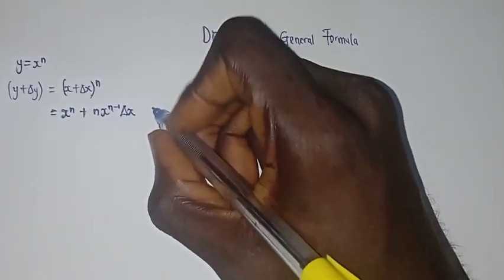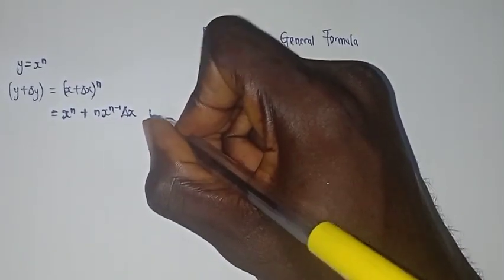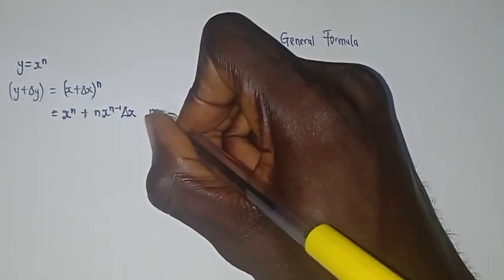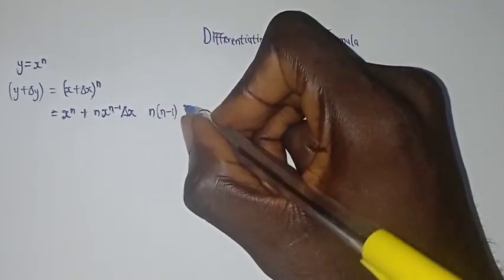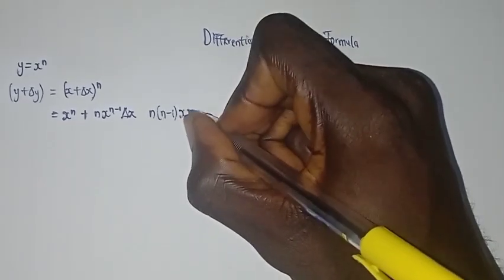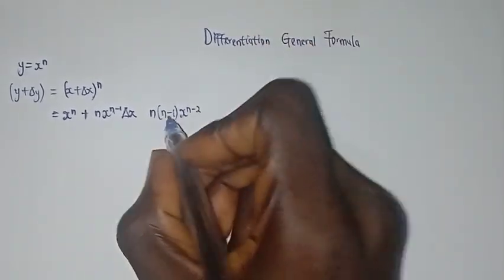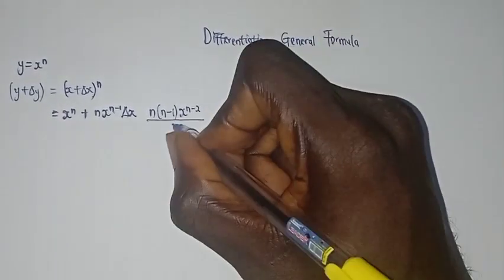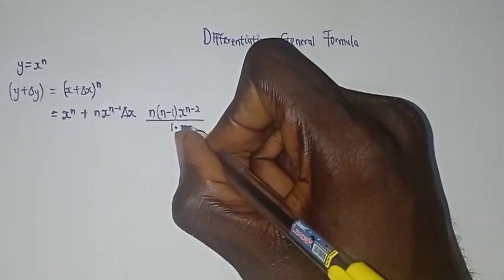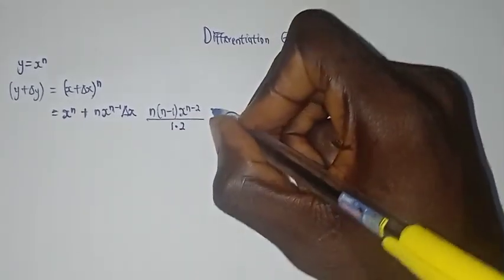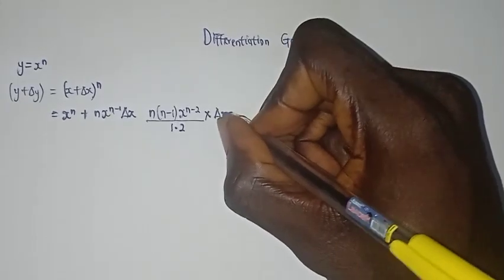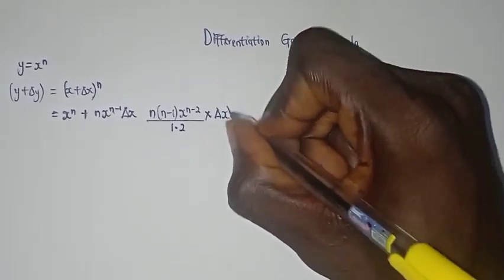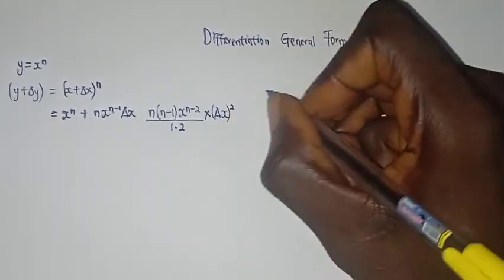Now our third term would be n(n-1) multiplied by x^(n-2) all over 1 multiplied by 2 times delta x all squared.